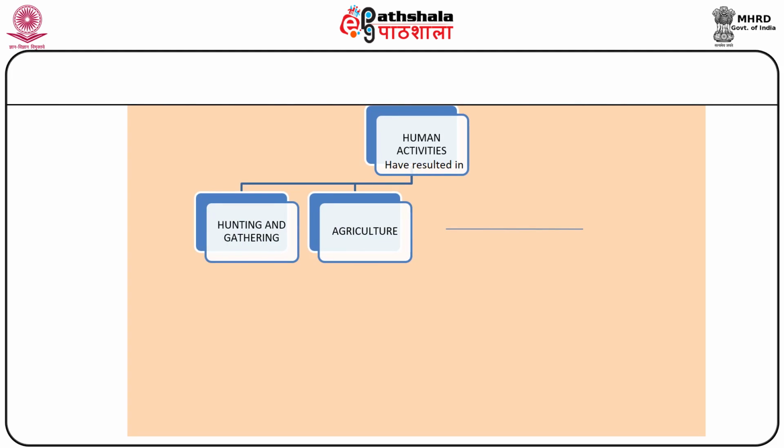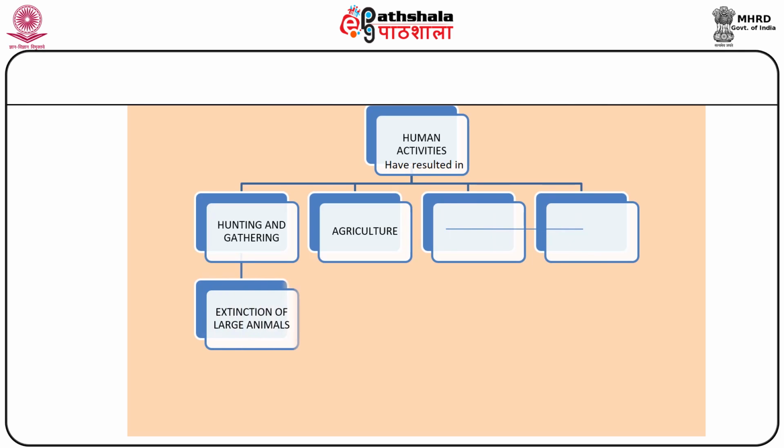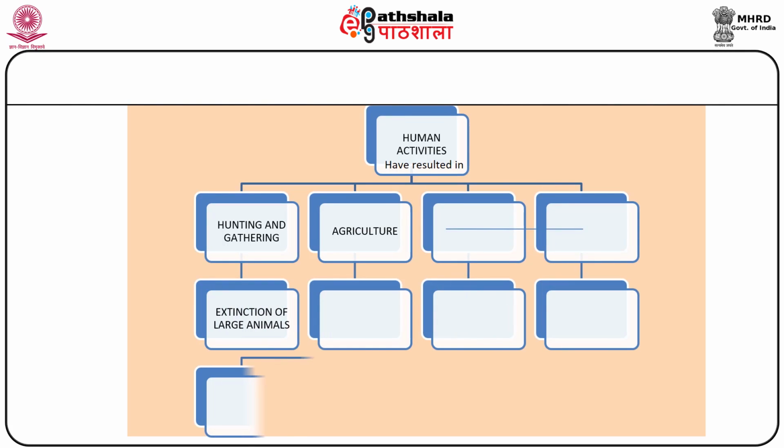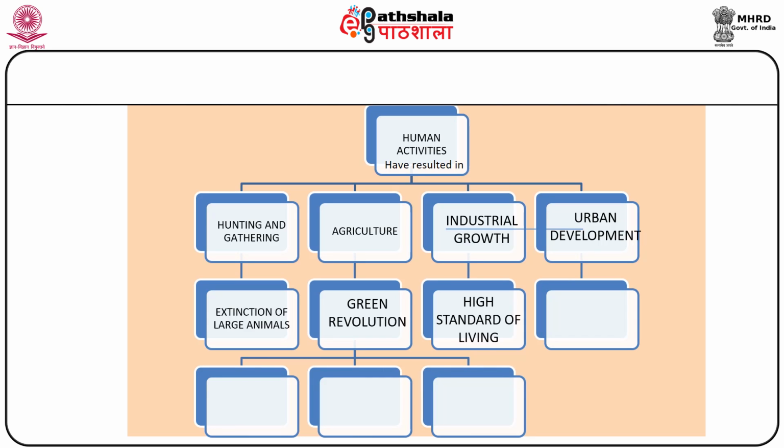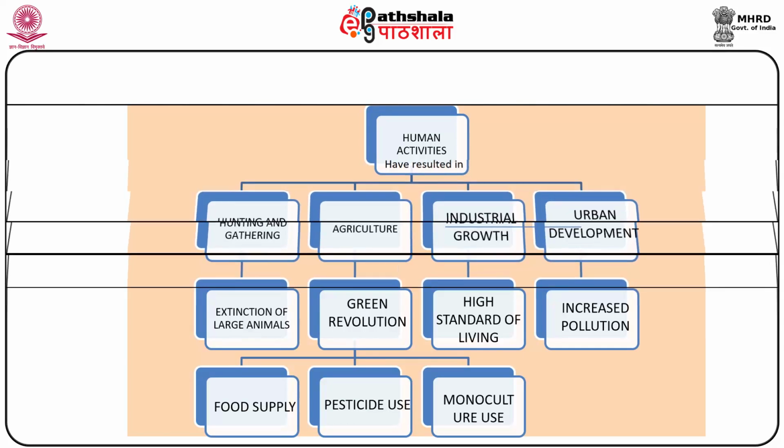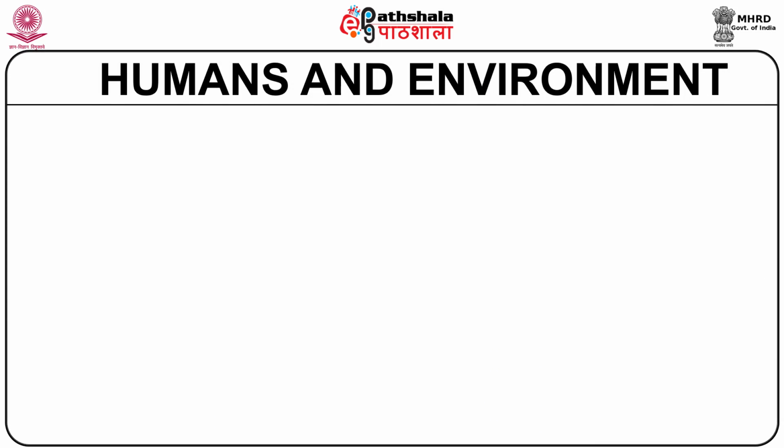Human activities could be hunting and gathering, agriculture, extinction of large animals, industrial growth, urban development, green revolution, high standard of living, increased pollution, food supply, pesticide use, and other activities. A number of human activities are going on that may exploit the environment, that may pollute the environment.